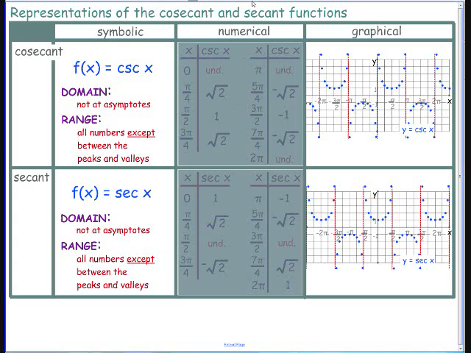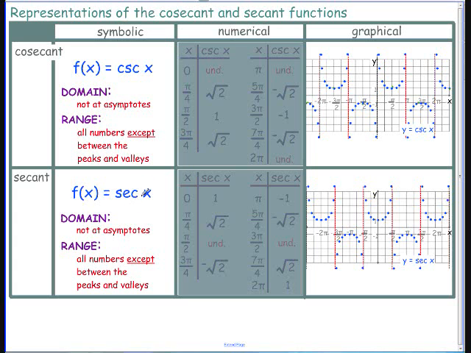Now they do share some points in common, don't they? They share, whoop, let me get my pen. They share this point and this point, and I can't hardly see it, but it's over there, that point and that point. They share the peak and the valley. That's something they have in common.